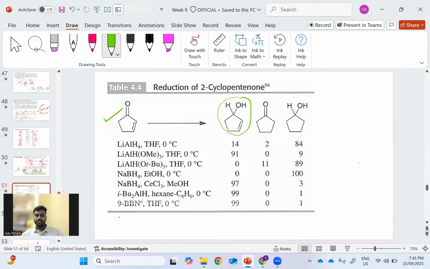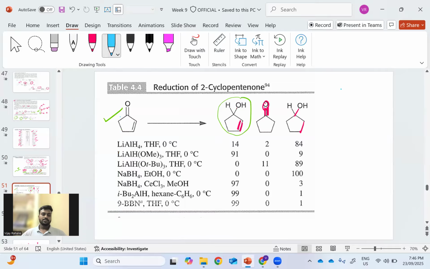In this case, only the carbonyl group is reduced. So you can see here, this group will remain in the product. In this case, only the double bond is reduced, and in this case, both the carbonyl group and the double bond are reduced. So we'll see the reagents one by one.